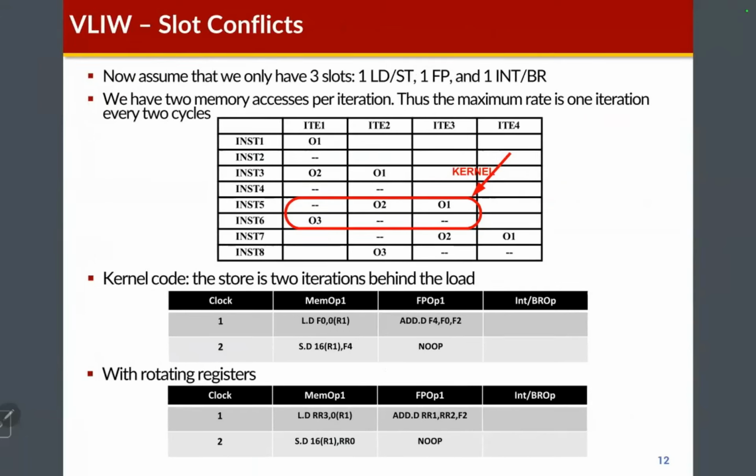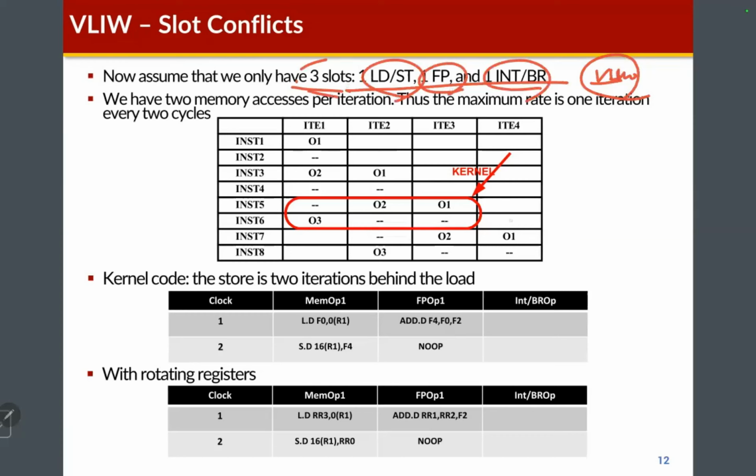Also, another problem is if we just use some different hardware. Let us assume that the new VLIW hardware has fewer slots, like one memory, one floating, and one integer.